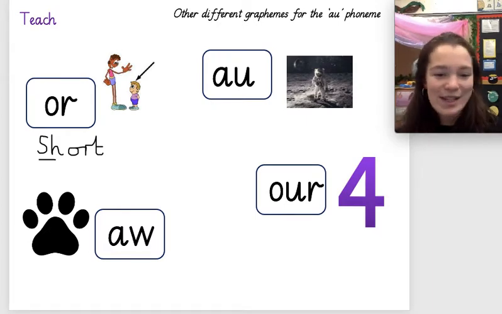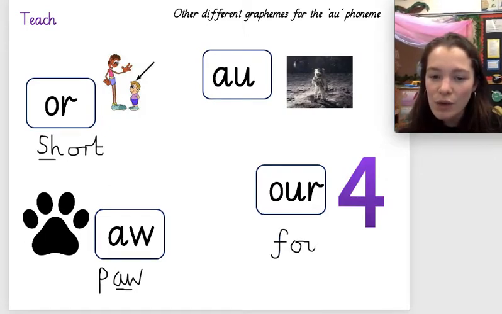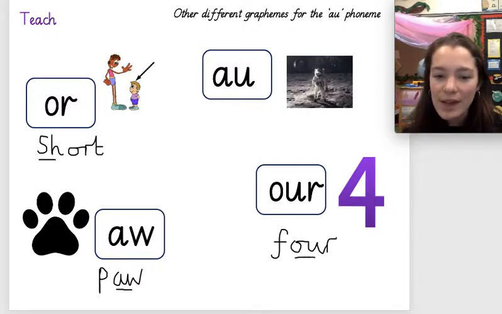Paw, that's an easy one. P, or. We know that or sound usually goes at the end. The number 4 is a bit of a weird one, but this time, O-U-R, which often is our, we say it as an or. 3 letters make 1 sound there.